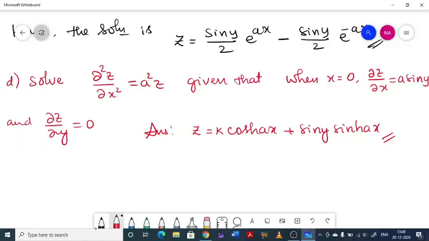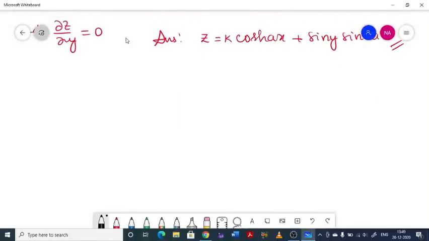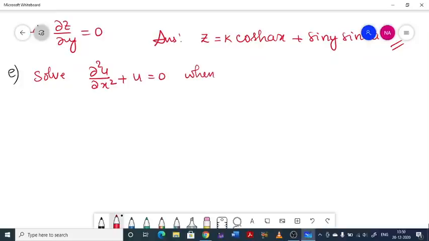Okay, there is one more problem. Solve dou square u by dou x square plus u equal to 0, when u satisfies the conditions.